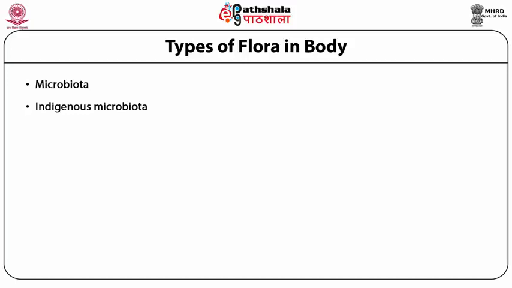Indigenous means that is normally present there. So it is normal microflora which is present at that particular location. So these are friendly bacteria and they prevent the pathogenic bacteria from establishing their infection at that site.